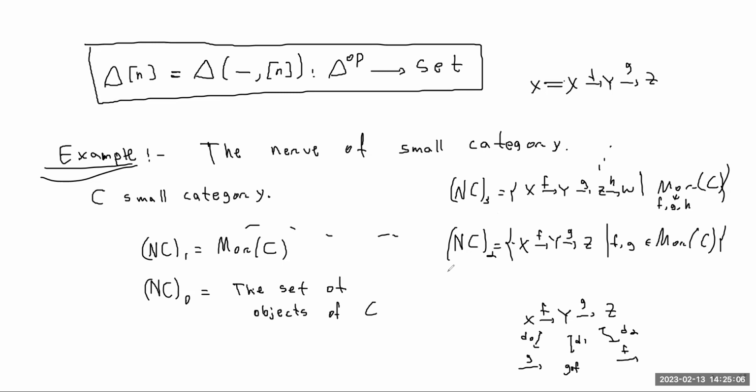So another way to describe the nerve is the following: the nerve of C is all the functors from, sorry, the nerve of C at n is a functor from this category to this.